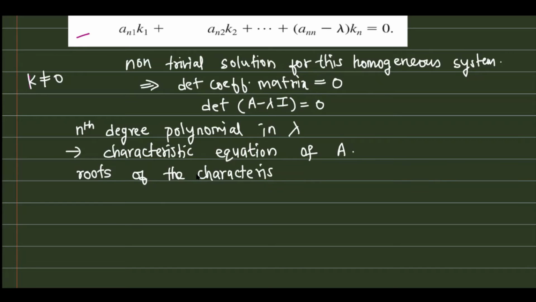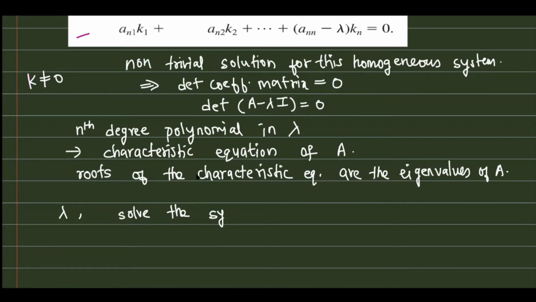Roots of the characteristic equation are the eigenvalues of A. Now to find the eigenvector corresponding to an eigenvalue lambda, we have to solve the system of equations (A minus lambda I) K equal to 0.